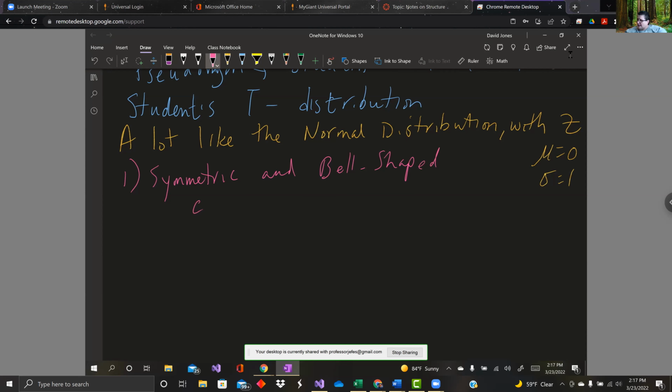And it's centered at mu equals 0. Bingo, matches up with Z-score. Now, something it is different about, and I'll change the color for things that are slightly different. It is different for different sample sizes. The T-score is different for different sample sizes.